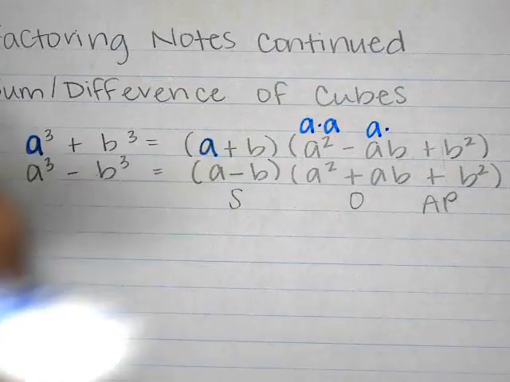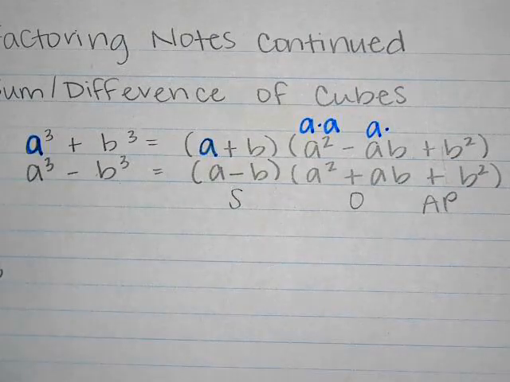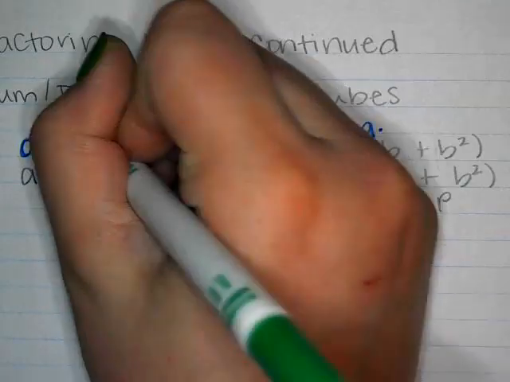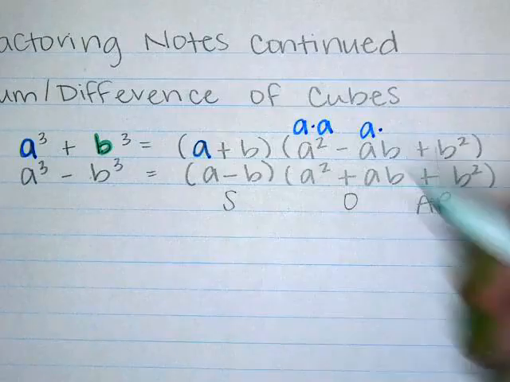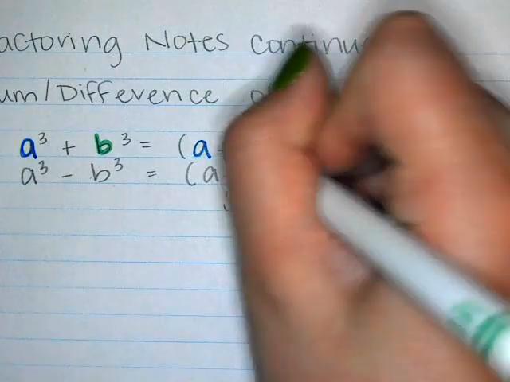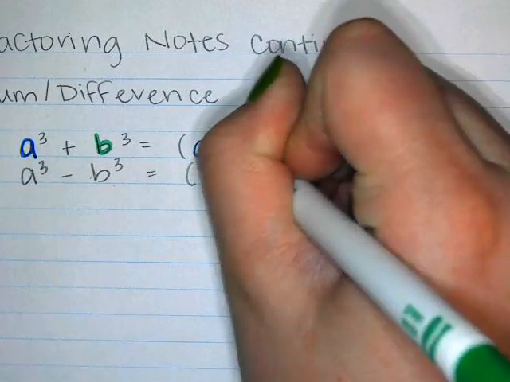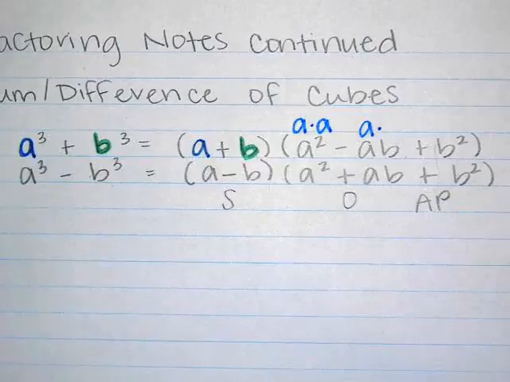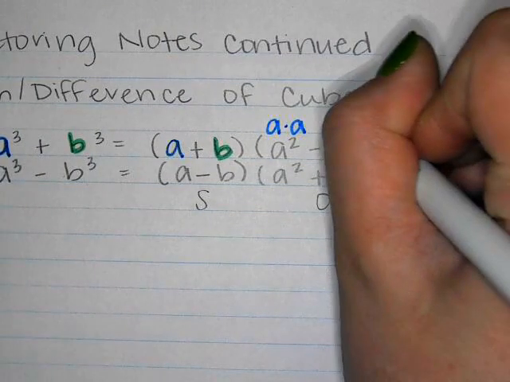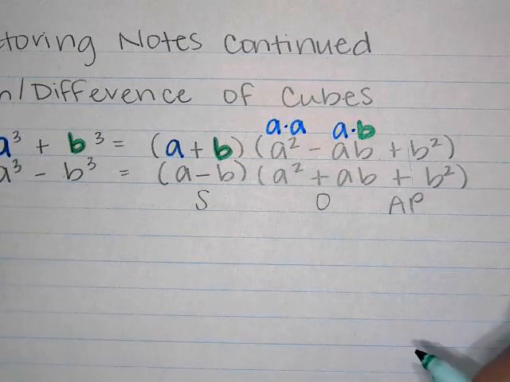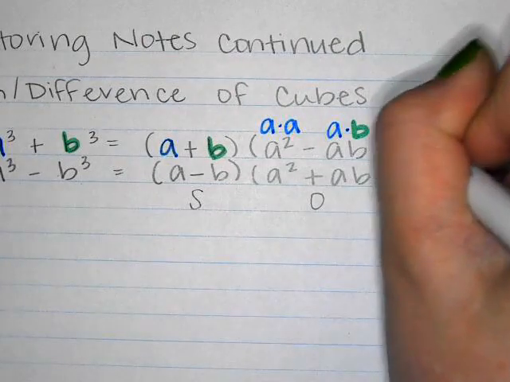Next, I'm going to switch colors. Now I've got the second term. So now I've got the other half of this parenthesis, and then I've got the other half right here, and then I've got this term times itself.